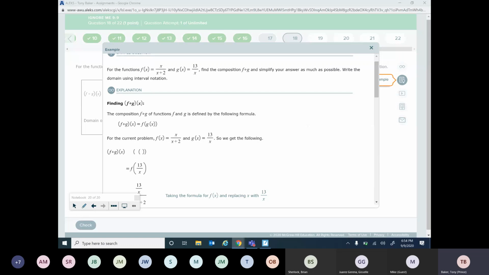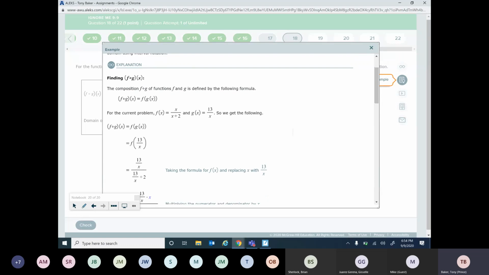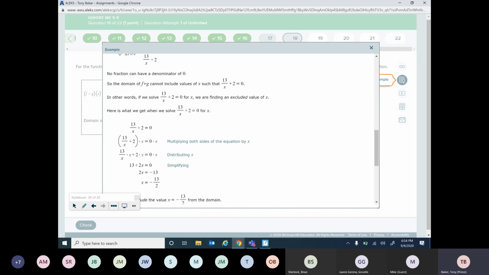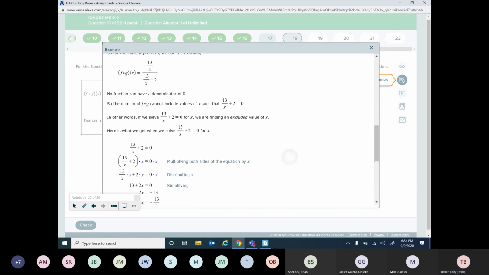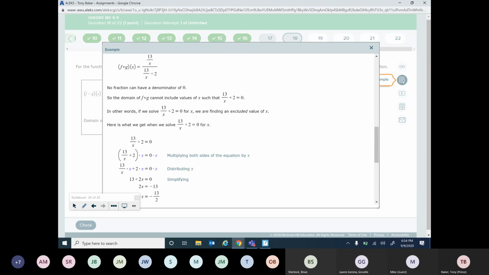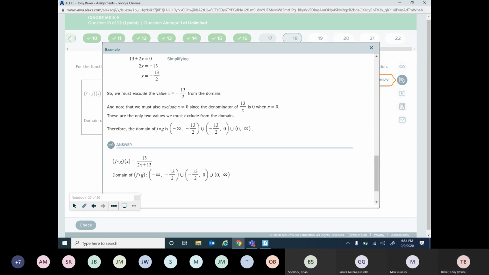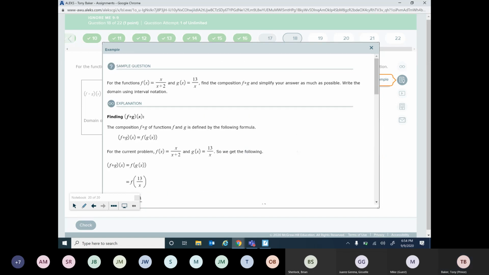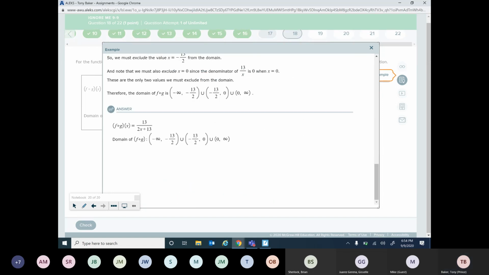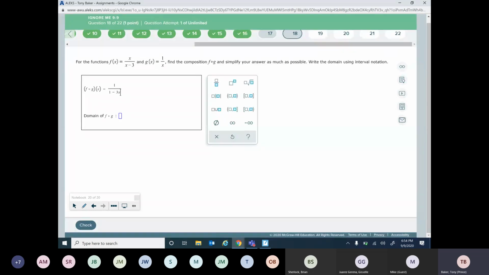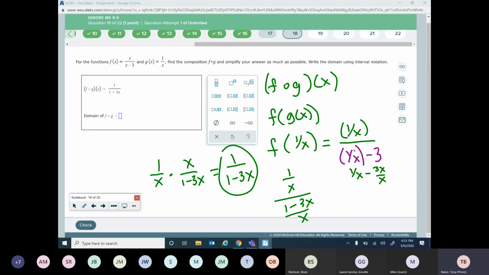Because when I do it, I look at the domain restrictions of all of them, but I think Alex just uses what was in the denominator. Yeah. So what we want to look at is what was in the denominator originally. So in the denominator, I had the 1 over x minus 3.